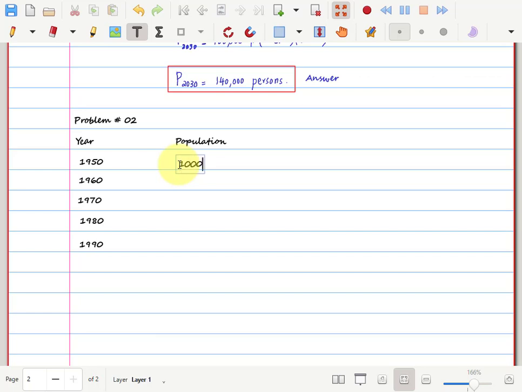1000, 10,000, and then 20,000, and then 30,000, and then 50,000. So what are we asked?